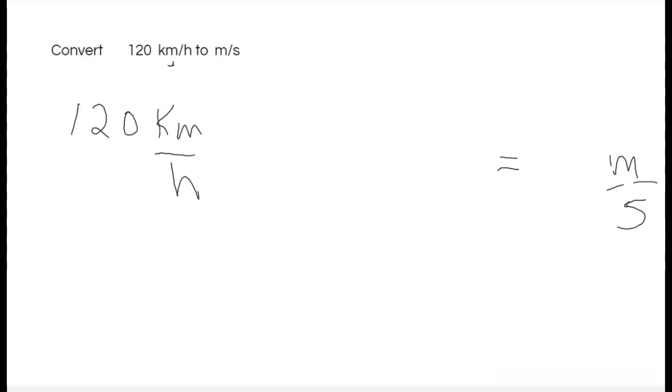So I'm going to start by tackling the kilometers, and I need to get rid of my kilometers. So they're going to have to go on the opposite side of the fraction. My kilometers are going to go down here. And what do I want to replace them with? Well, I want to replace them with meters. And by doing that, I'm just going to show my unit cancellation here. My kilometers will cancel. I'll be left with meters, which is what I want.